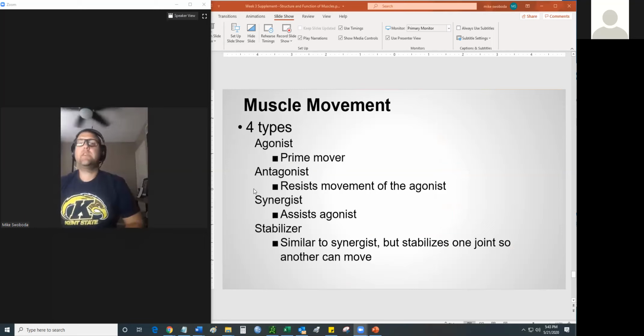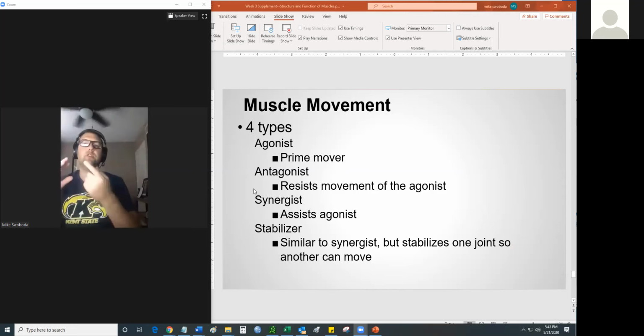Now, this gets more into our movement analysis, but this is a good thing to keep in mind because it will help when you are looking at specific exercises to think about how muscle movements really occur. We have 4 types of movements with the muscle. When you talk about how a muscle moves, you talk about which muscles are actually doing the movement.